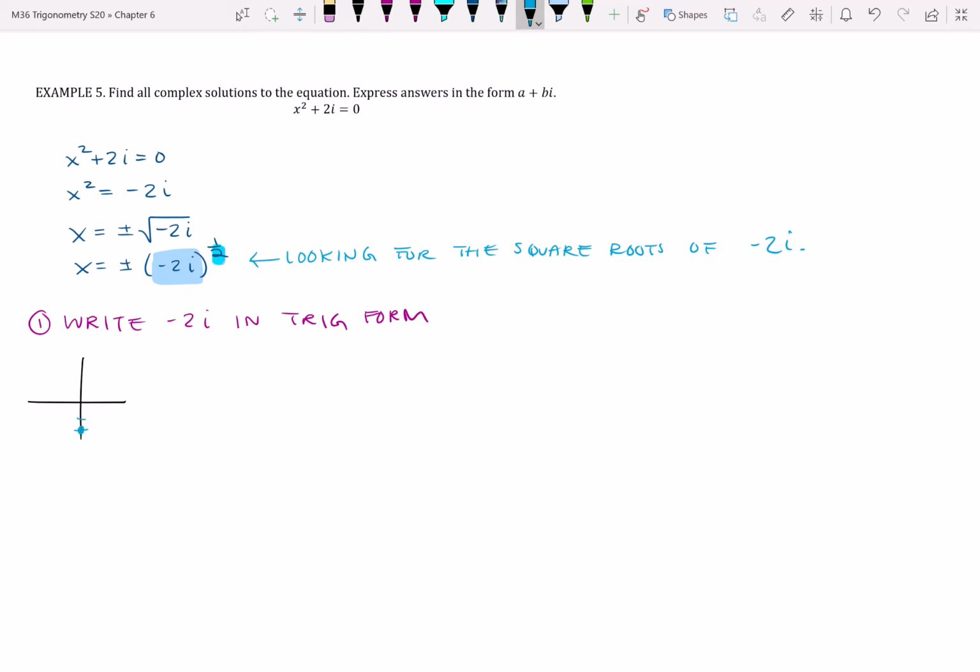And so notice that the distance from the origin to that point is just 2. So my r, I already know that that's going to be 2. And my angle, in standard position, my theta here is going to be 270 degrees, or 3 pi over 2. Okay, so sometimes it's nice to just graph it, especially if you're only given the real part or only the imaginary part, because it's going to have a quadrantal angle.